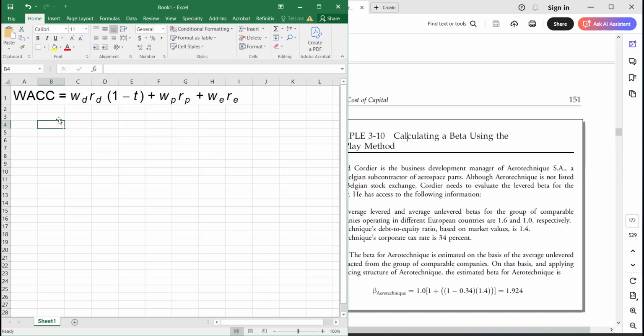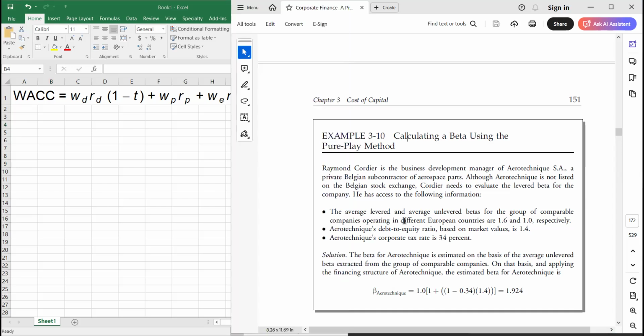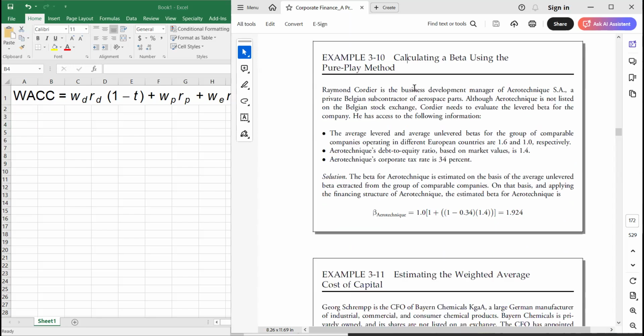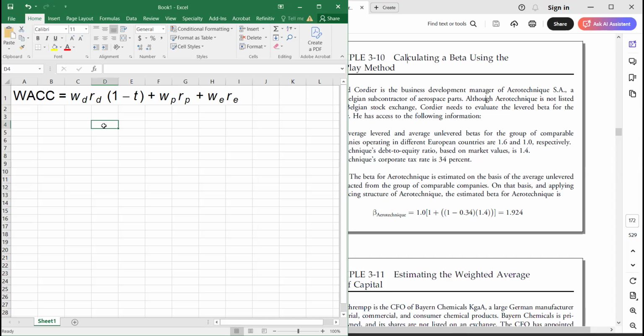However, you should know that not all the time the companies are publicly available, like with the example that we have here. For example, here it tells you to calculate the beta using the pure play method. Why do we need to calculate the beta? In order to calculate the CAPM. And the CAPM is what? Expected return equals the risk-free rate plus beta multiplied by the equity risk premium.